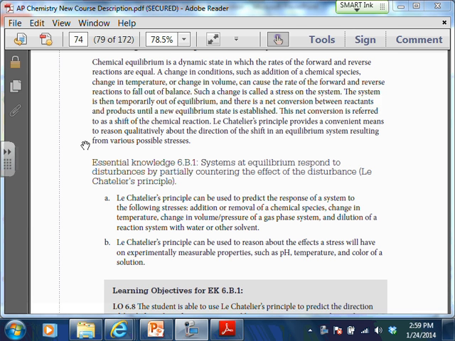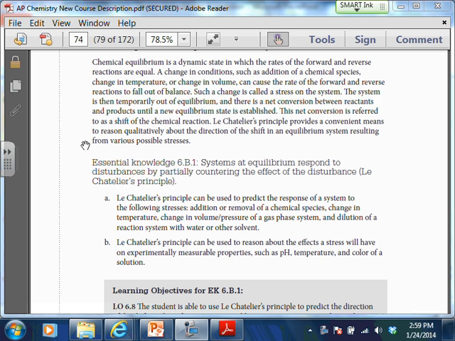So you can cause that rate of the forward and reverse reactions to fall out of balance. That's called the stress on the system, okay? So the system then is temporarily out of equilibrium, and then it's going to work to get back to that equilibrium state again, okay? That's referred to as a shift of the chemical reaction. So when I say that it's shifting to the right or shifting to the left, the equilibrium, that's what I really mean, okay? It's affecting those reaction rates, causing them to be out of balance temporarily until they come back into balance, okay?